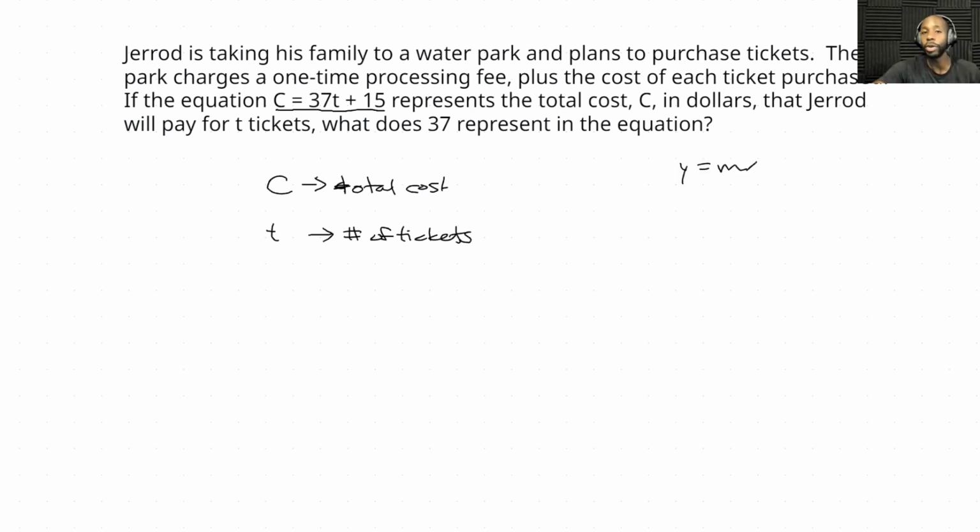Okay, it's a linear equation in slope intercept form. You have some y value. So in this case, y is C and it's total cost. So you could kind of think about this as being like on an XY plot, except in this case, that's the cost per number of tickets. Okay. So you have some sort of linear something that looks probably like that.